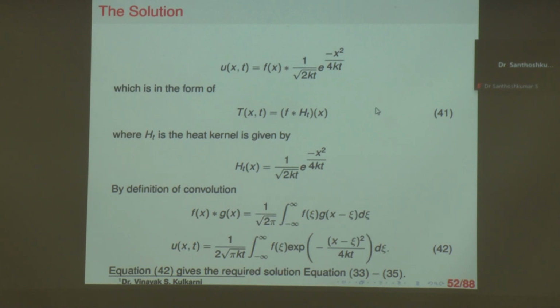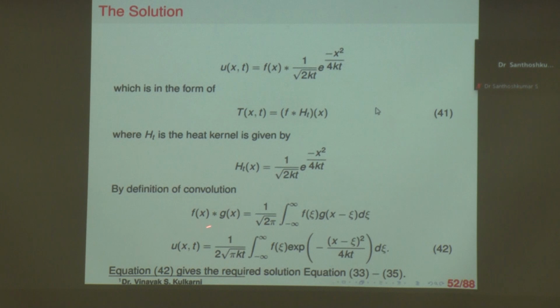All those properties are directly applicable over here. So separately I need not check the well-posedness of the problem. The problem is well posed because it is a heat kernel, which is a good kernel, and the properties are directly applicable. Therefore, this is one advantage of having this particular form.